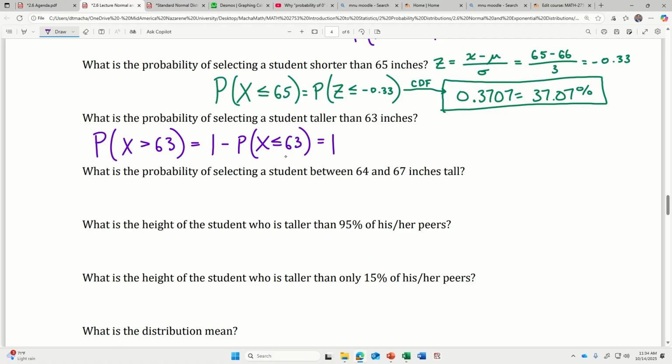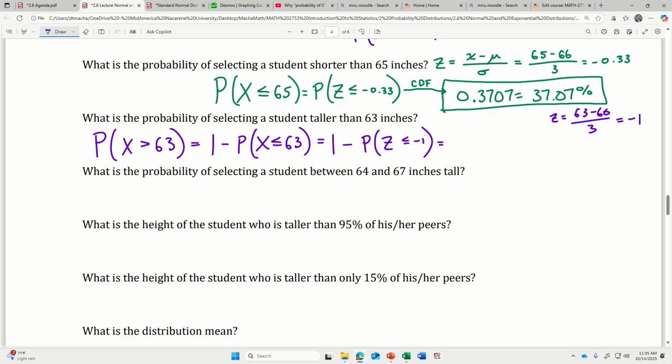So that's 1 minus the probability of getting a student shorter than 63 inches. The first step is always to calculate a z-score. If we are working with the normal distribution, we calculate z-scores. So we'll do 63 minus 66 divided by 3. That's -1 for my z-score.